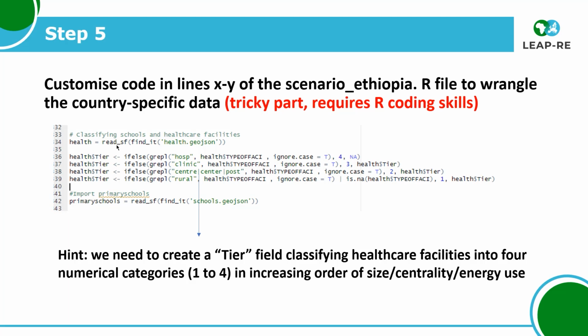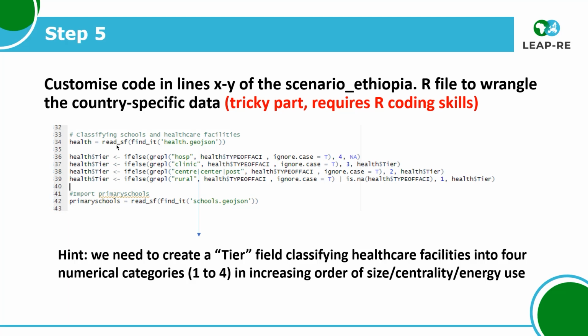So we need to create a field called tiers and classify, based on the type of facility, into 4 categories based on their size and centrality. You can follow the example here. For instance, we name facilities which are hospitals level 4, clinics level 3, health posts level 2, and rural health centers level 1.